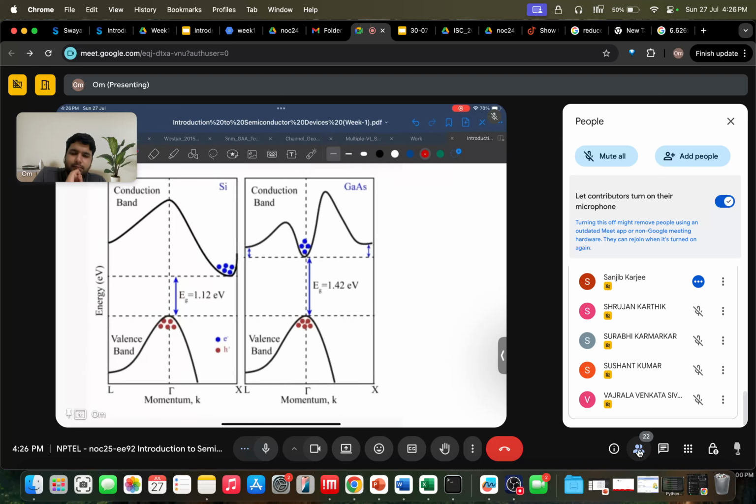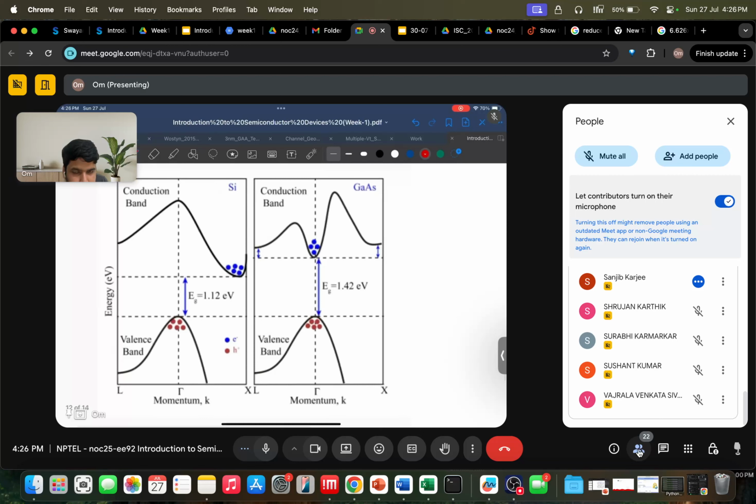So 1.12 electron volt. Sorry? This is not actually right in the 1.42 electron volt. Valence band and conduction band is the same line.